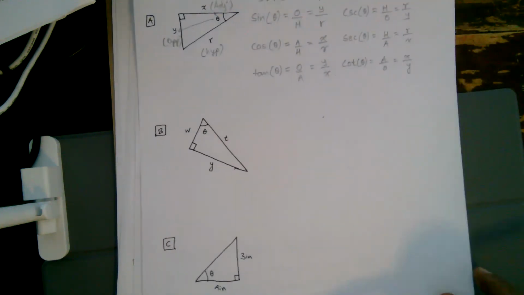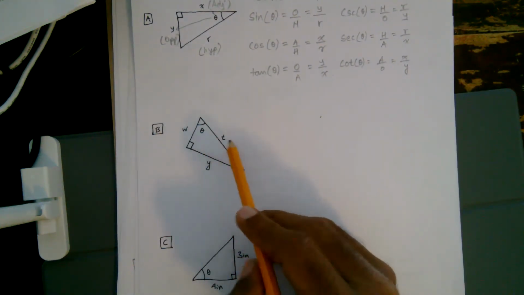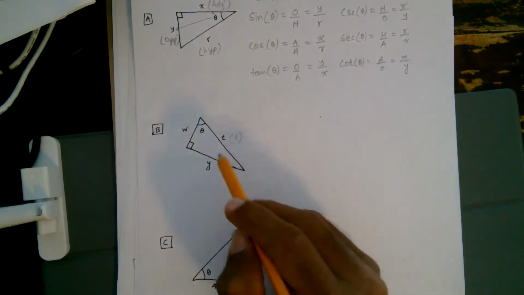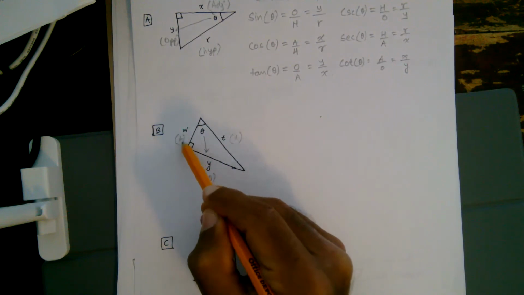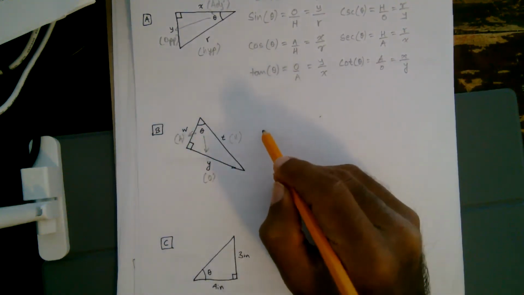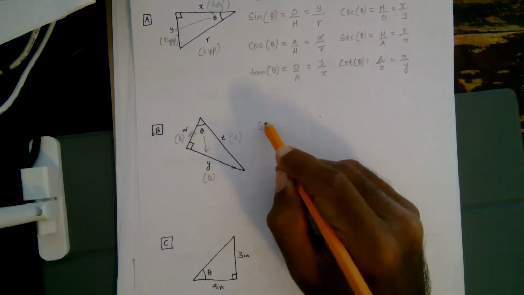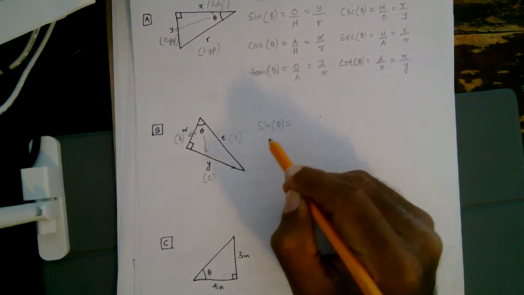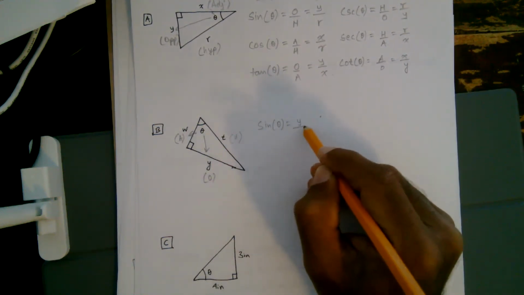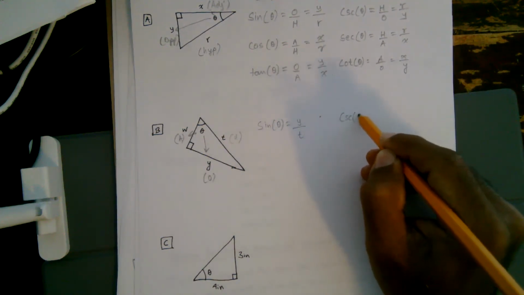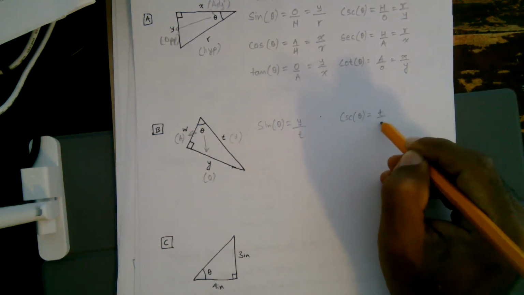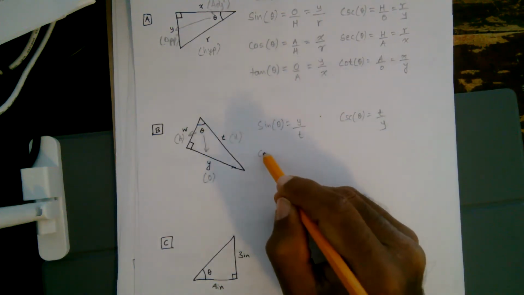Similar procedure for b. Again here, that's the hypotenuse, opposite to the angle, and adjacent right here. So this time I'm going to go quickly. Sine theta is opposite, which is y over hypotenuse t. And I can immediately write cosecant theta is just the reciprocal, so t over y.